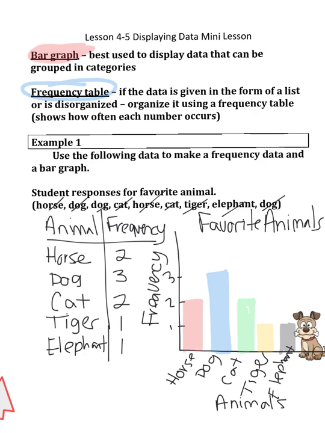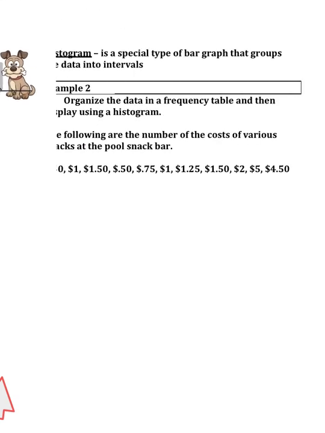Okay, next we are going to look at histograms. Histograms are very similar. However, histograms are a special type of bar graph that will essentially group the data into intervals. Now, the reason for this is typically because we have numerical values that are rather unorganized.